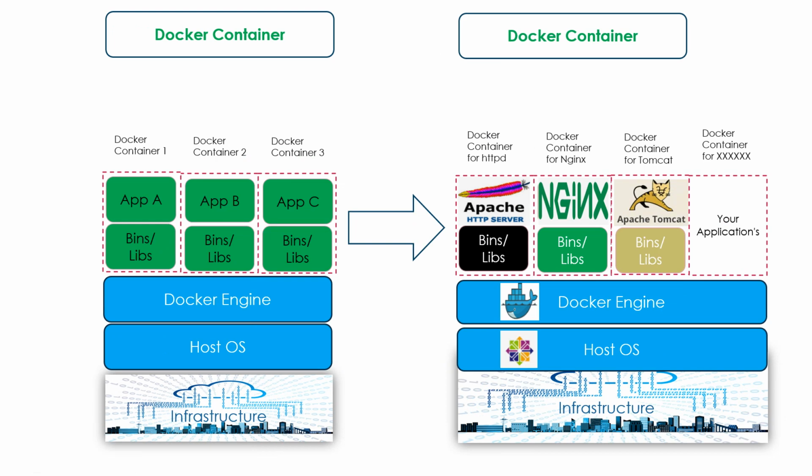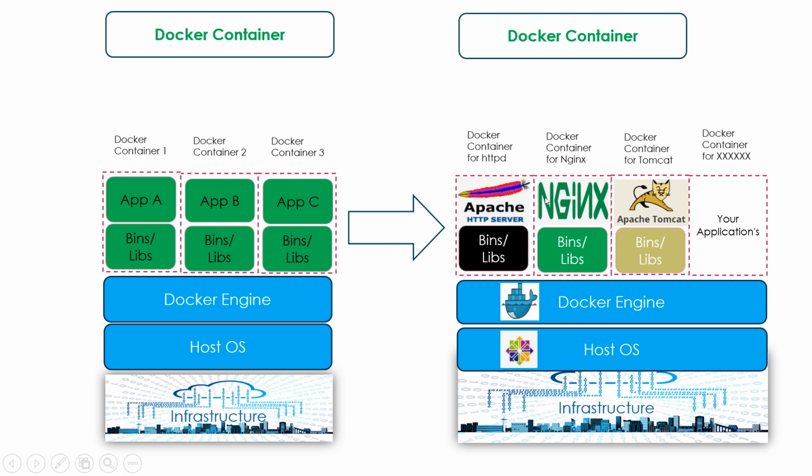Now we talk about A, B, and C, but what would it be like if we say something meaningful, which is used day to day? Let's say A is replaced with Apache HTTP server. So what will happen? Apache HTTP server will have its own bins and libs, and that will be considered as one container.